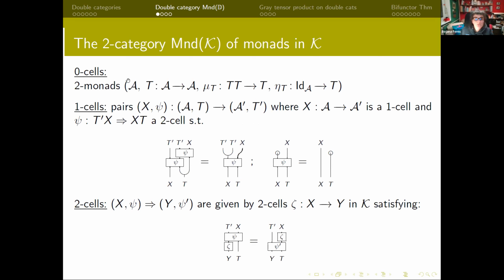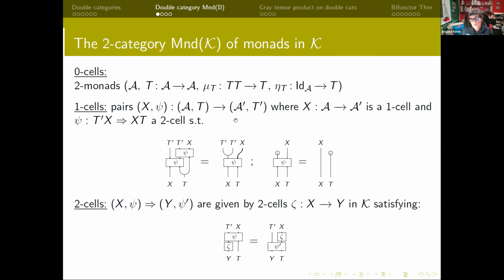We'll go just quickly over zero cells, but 1 cells are where I want to put the stress. So T is a monad on A. So A is a 0 cell and T is a 1 endocell on A. And there are 2 cells, multiplication and unit, associative and unital, okay. And now morphisms between two monads, T on A and T prime on A prime, are something a bit strange.